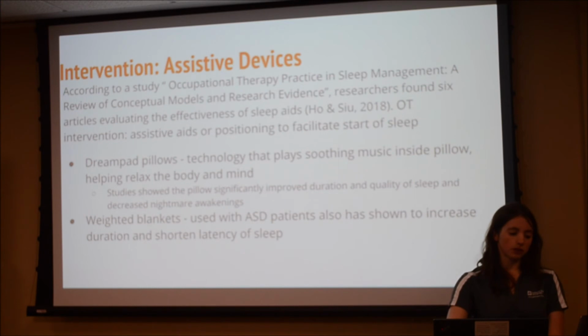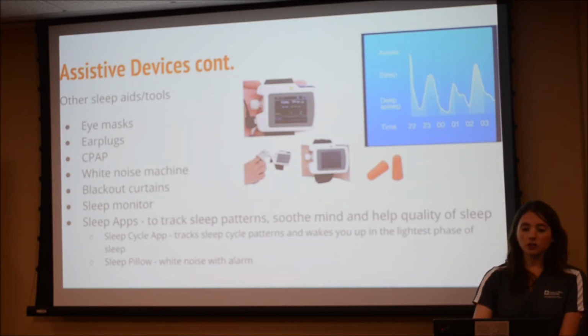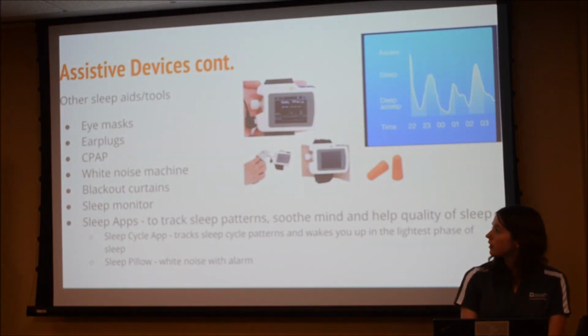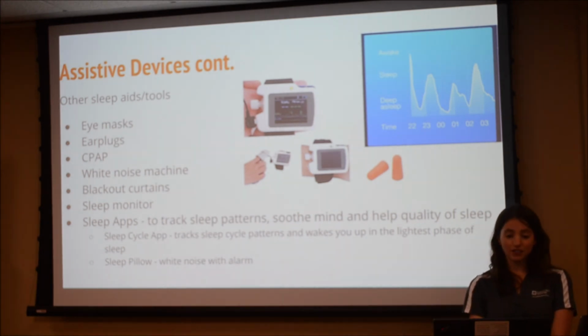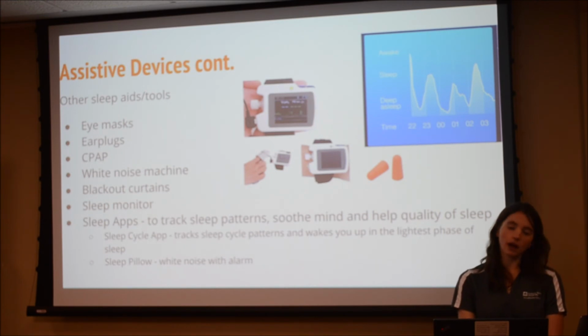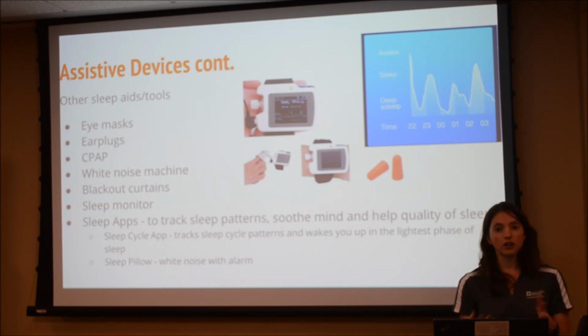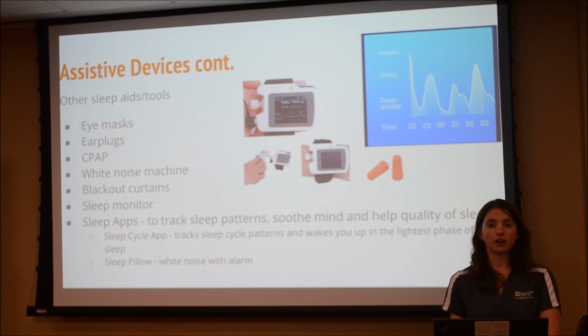Other options could also be that you could use eye masks, earplugs, and white noise machines. So some other assistive devices: eye masks, earplugs, CPAP, which is a continuous positive airway pressure, and that sends air in through the person's lungs, it forces it in, and it helps the person to stay asleep.